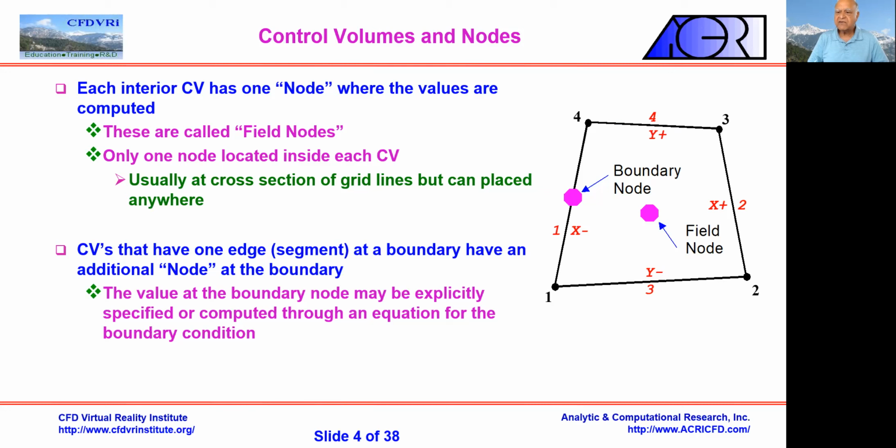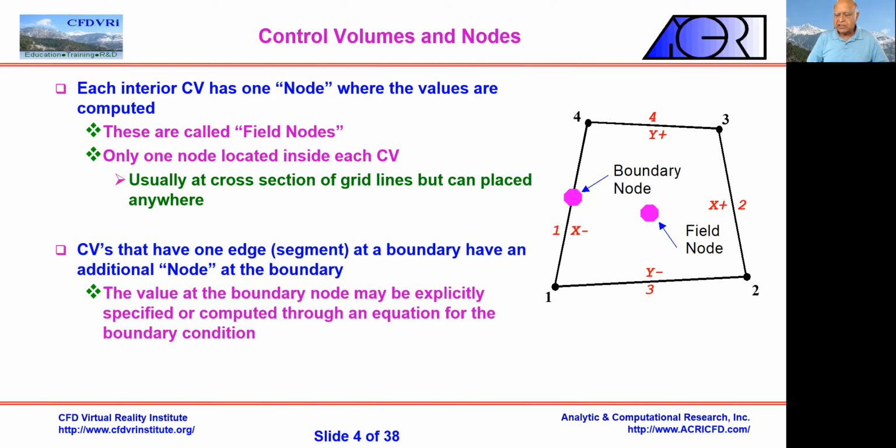Now, when one of these control volumes touches the external boundary of the equipment, not a tank touching another tank, I'm talking of a tank touching an external boundary, at that boundary segment we place one node, and that node we call the boundary node. What do we do with the boundary nodes?